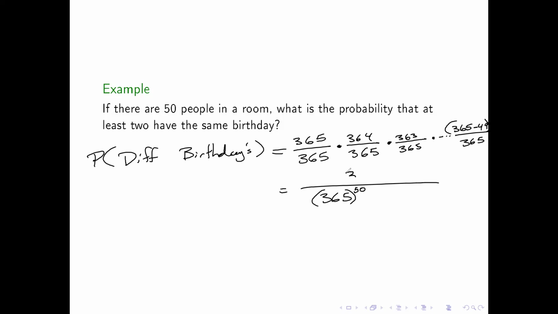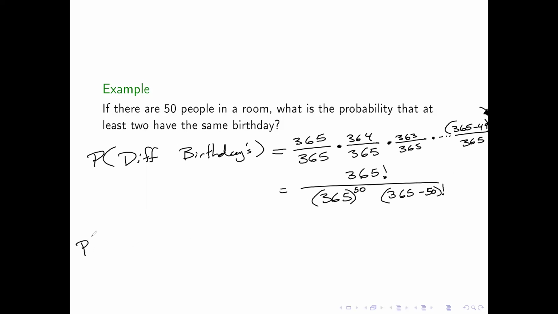And the numerator I could write as 365 factorial, but I just want to drop 365 minus 50 factorial, because that will get rid of everything in the next terms that's not on the screen. So this is the probability that everyone has a different birthday.